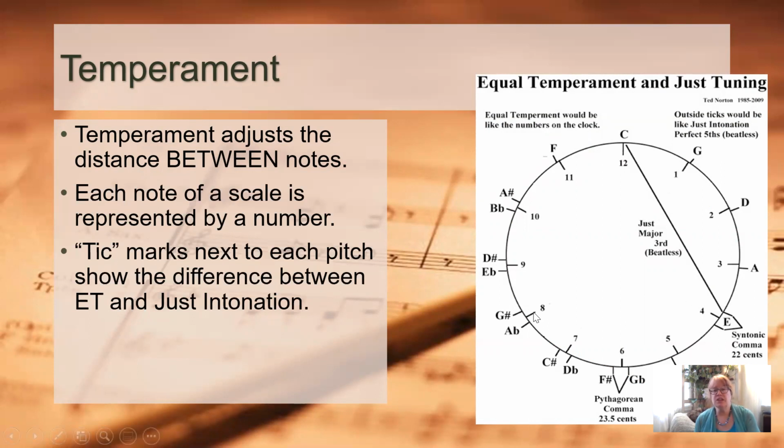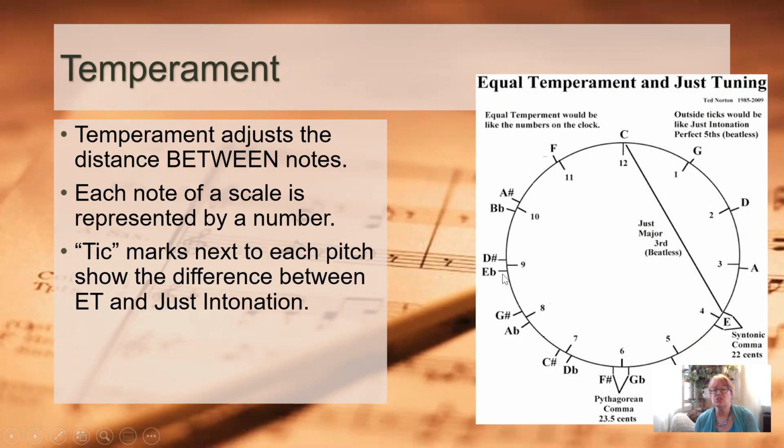So you're going to notice here, things were slightly different. Right here, the inside numbers, I believe that's referring to equal temperament. Equal temperament is like all of the numbers are equally spaced around the clock. The outside ticks would be like just intonation or the perfect fifths, which are beatless. So they're showing equal temperament on the inside, just intonation on the outside, and you see how they are slightly different.